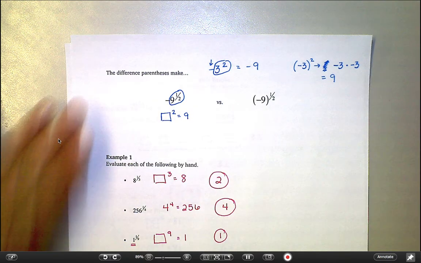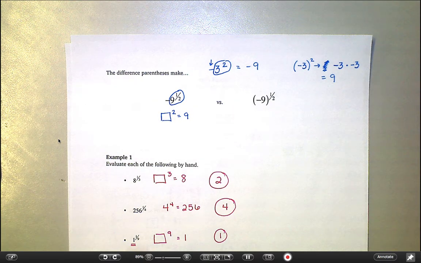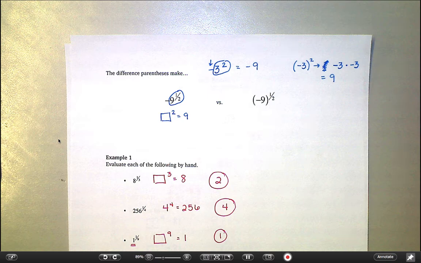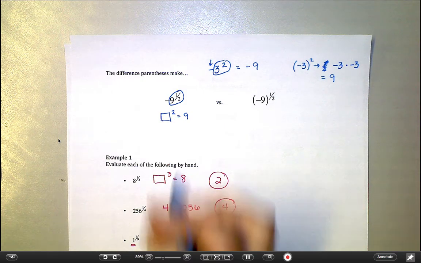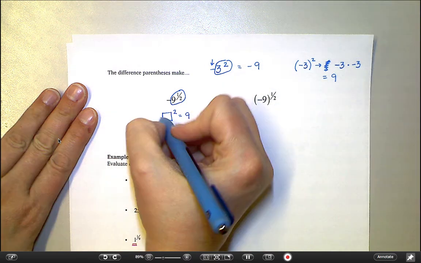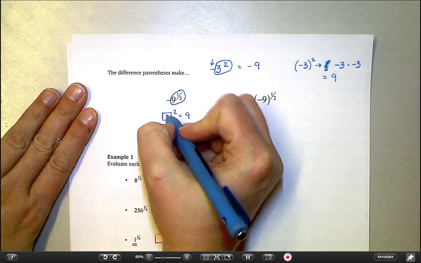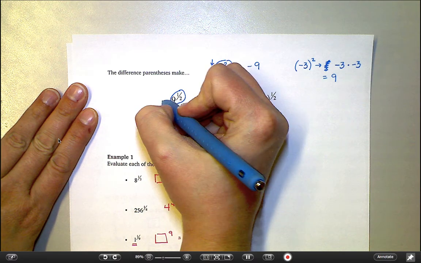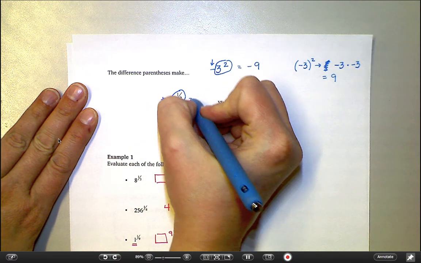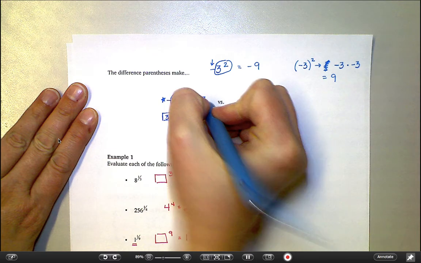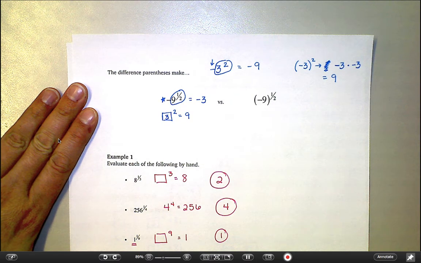And I probably should have actually mentioned this in the first video, but a power of 1/2 is really the same as taking a square root, right? A power of 1/2, that's the connection with roots here, is 9 to the 1/2 power is going to be 3, okay? And then this is just saying make it negative. So my answer to this would be negative 3, okay?